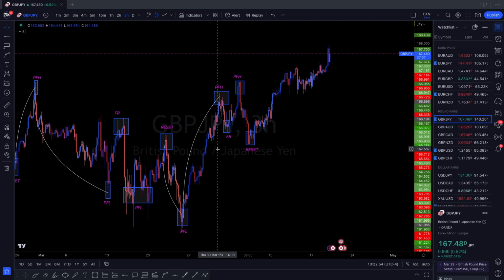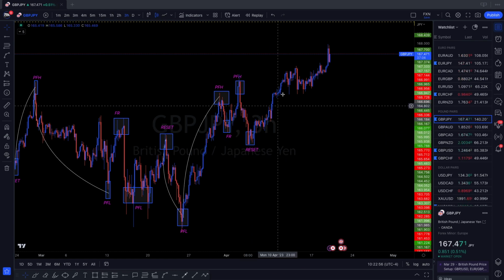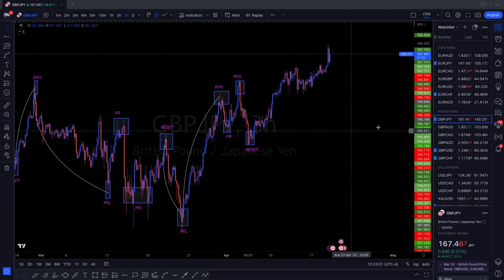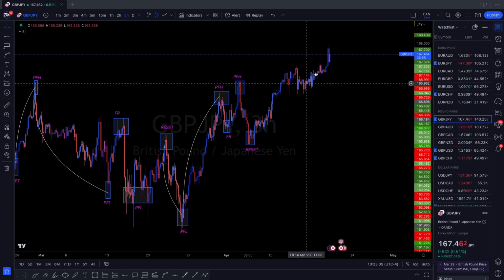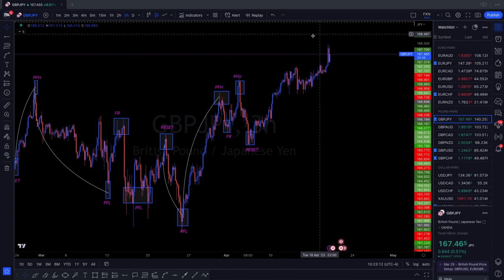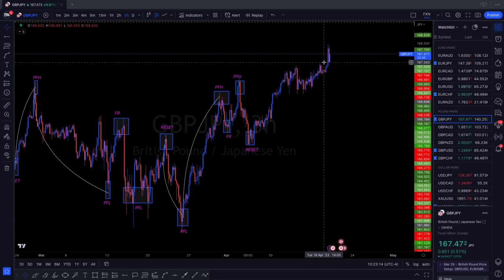Pairs like Pound JPY right here that's come off a reset and it's well into its cycle, that's gone over 2.5 times its own ADR, I'm not really interested in those because I know that at any moment a peak formation high could form. So I would rather wait for a new peak formation high to form and then look for trade setups.